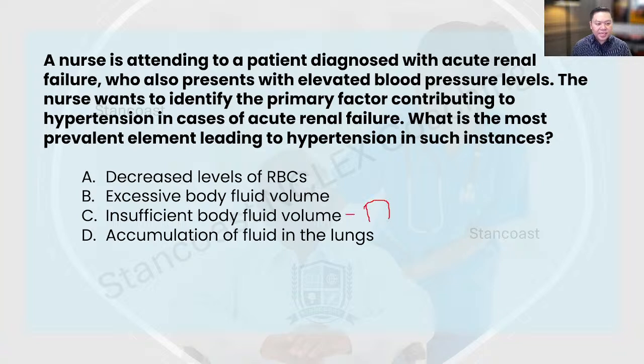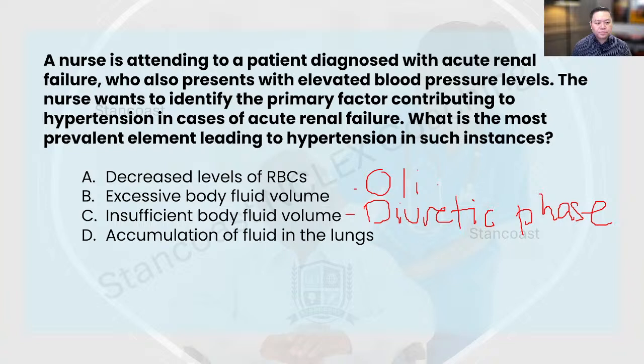So this is the diuretic phase of acute renal failure. The other one is the oliguric phase. And then lastly, we have, this is X, this is check, this is X.